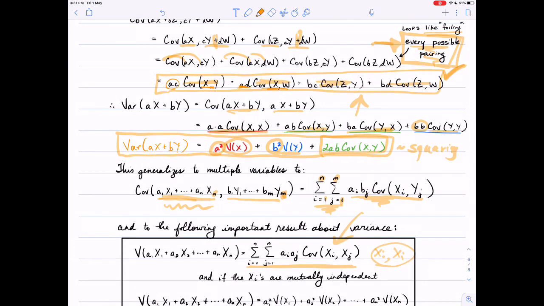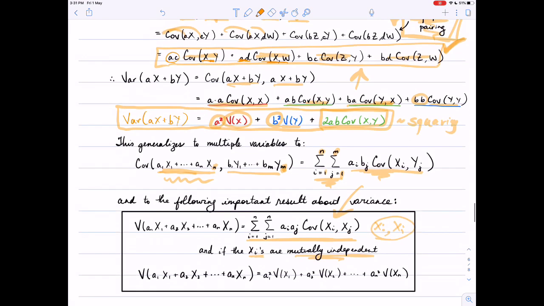But in particular, if the xi's are mutually independent, then when you have the covariance of xi with xj, when i is not equal to j, if they are mutually independent, they are uncorrelated, and if they are uncorrelated, that covariance is 0.